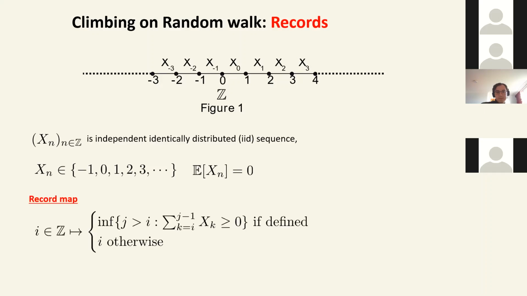Now I define a map: for each index i on Z, I map it to the next index j greater than i such that the sum from i to j minus 1 is greater than or equal to 0. It's the first j such that you get this. If you don't find such an index, then you map i to itself.